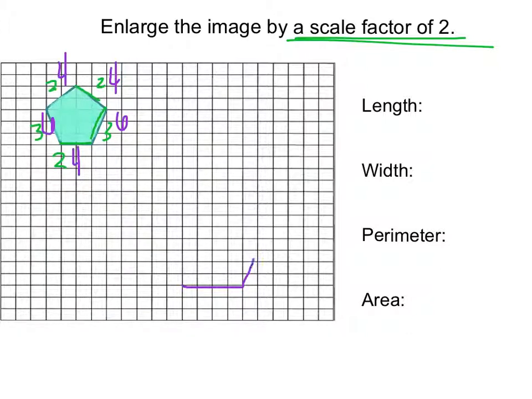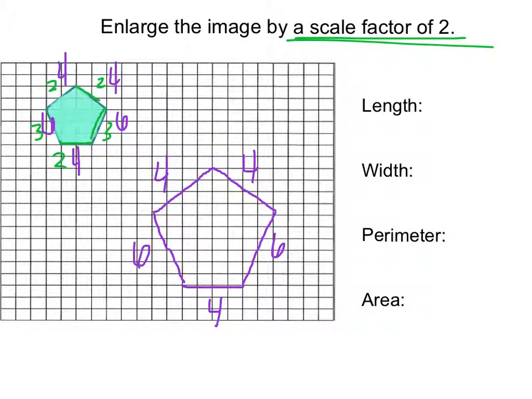So we have 3 and 6, 3 and 6, and then our tops are 4, 2 and 4, 2 and 4. It's not exactly as pretty as the original, but it's still doable. And so our sides are 4, 4, 6, 4, and 6.